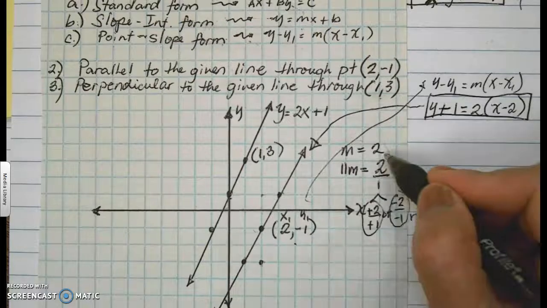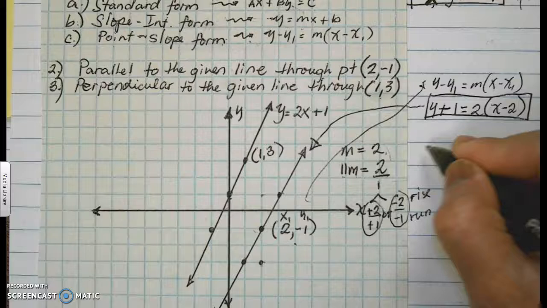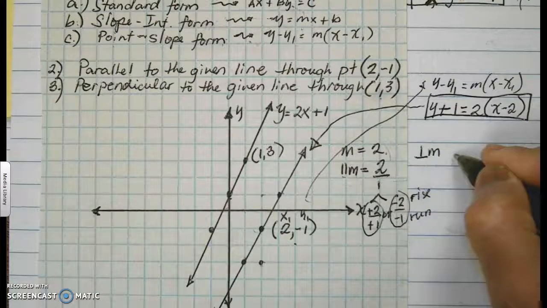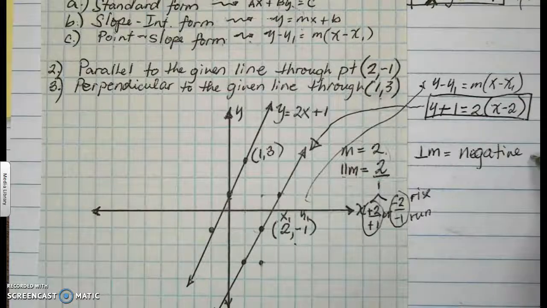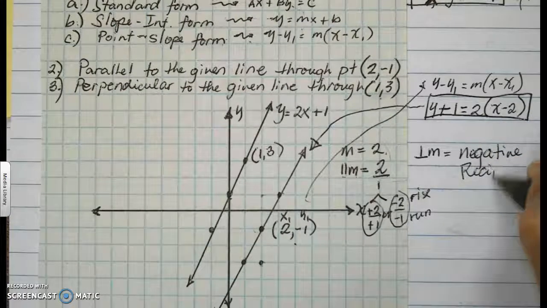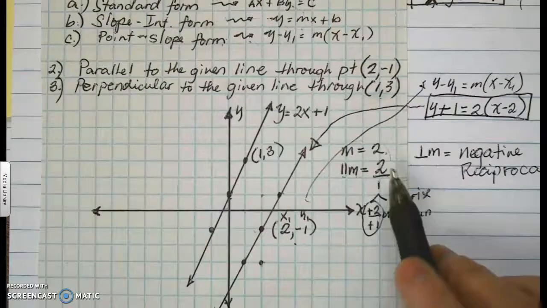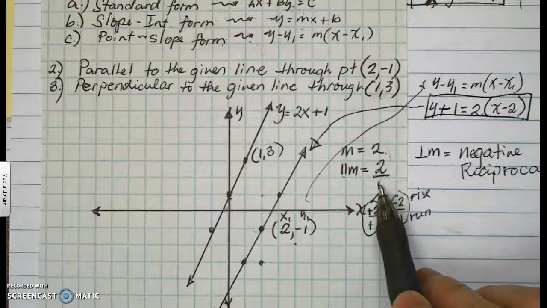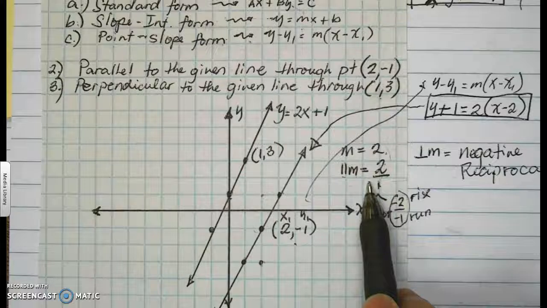If your m is 2 and your parallel line is 2 also, your perpendicular m has to be the negative reciprocal. The negative reciprocal happens when you flip the 2 over 1 into 1 over 2 and you change the sign. So if this is positive, it becomes negative. If it's negative, it becomes positive.